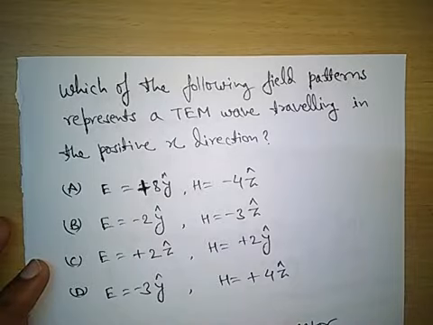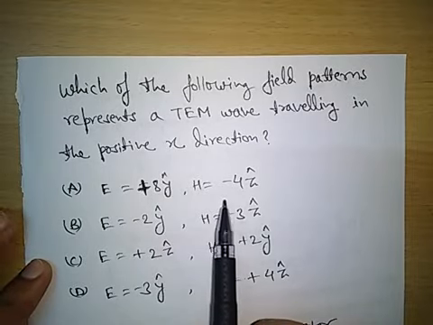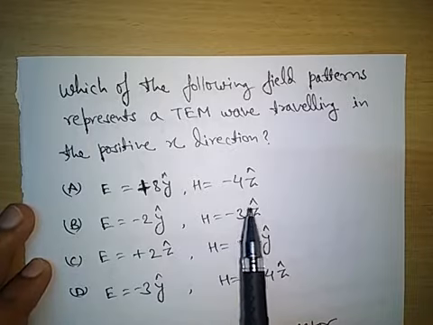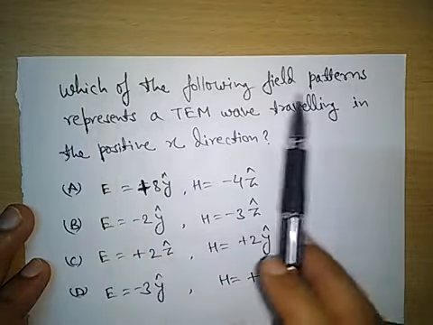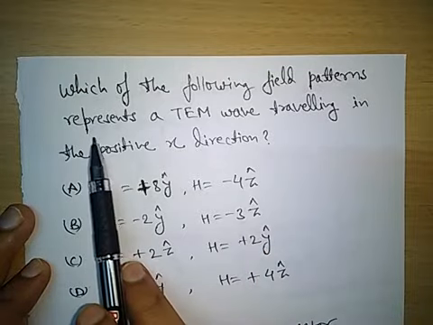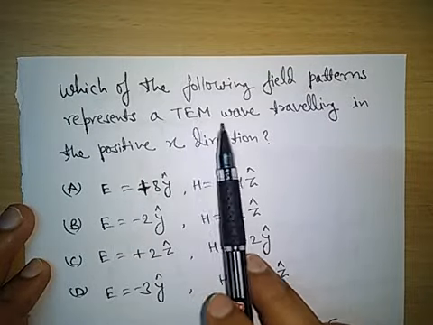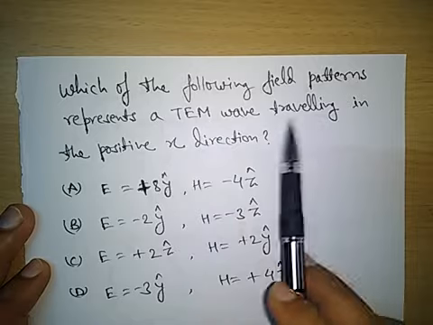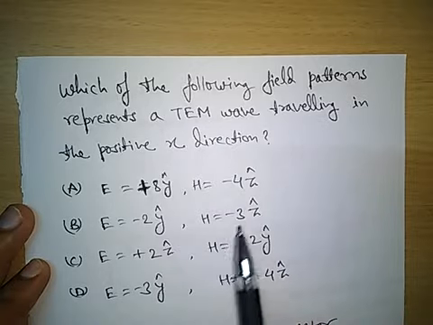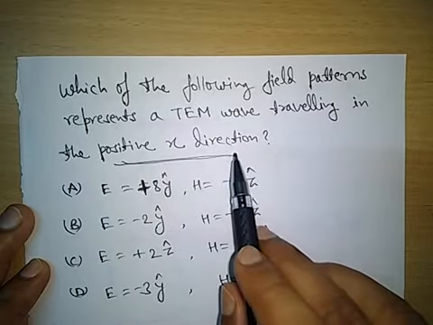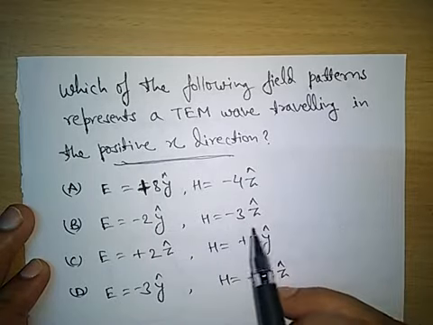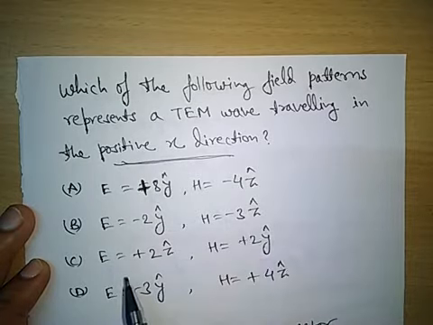So I have taken a question from a previous year GATE exam that reveals this concept, and the question is: which of the following field patterns represent a TEM wave traveling in the positive x direction? So the wave direction is given here, that is positive x direction, and here different combinations for electric field and magnetic field are given.